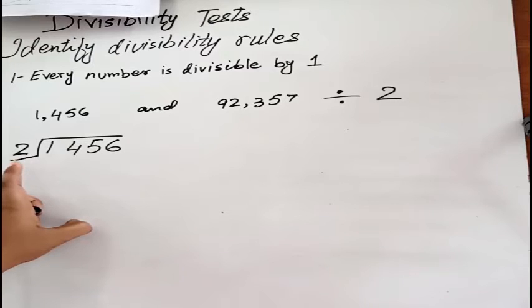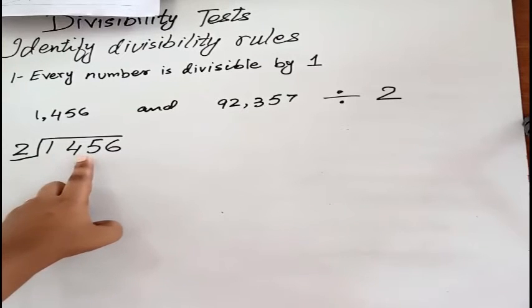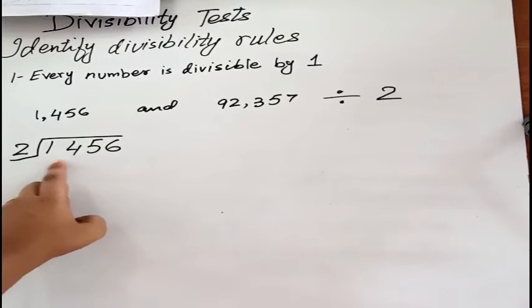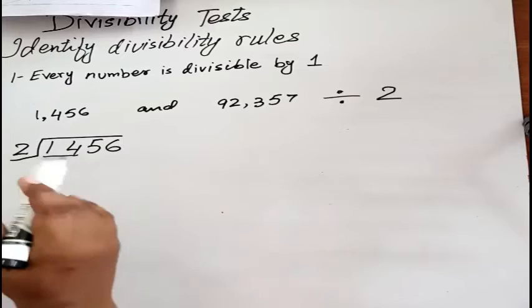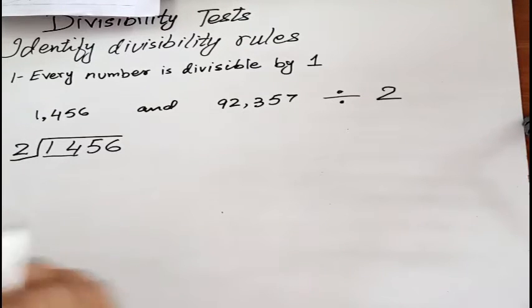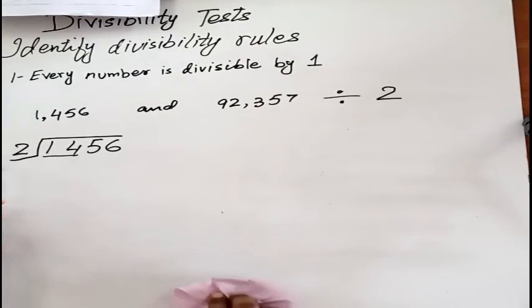So what do we have to do? We have to make this first number greater than 2. For that we will count this 4 with 1, so this will become 14, which is greater than 2. Now we can easily divide this number in the table of 2.